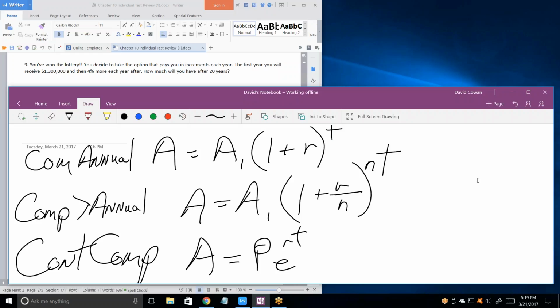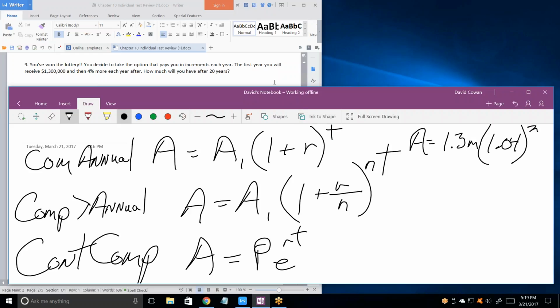The annual one, 1, 2, or 3? Number 1. Yes, because it's being compounded each year by 4%. So give me the particulars. What's A going to be equal to? To 1.3 million times 1.04 to the nth. To the 20th, because T is 20.